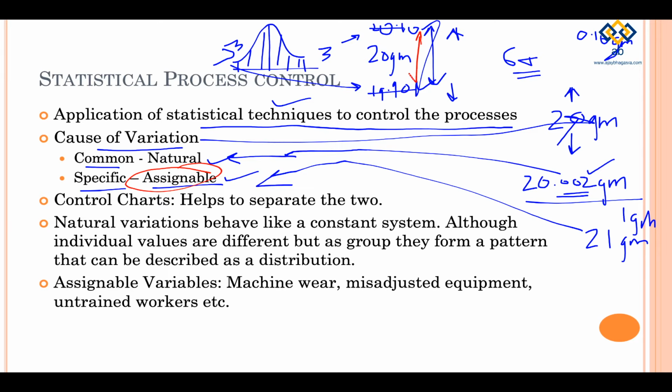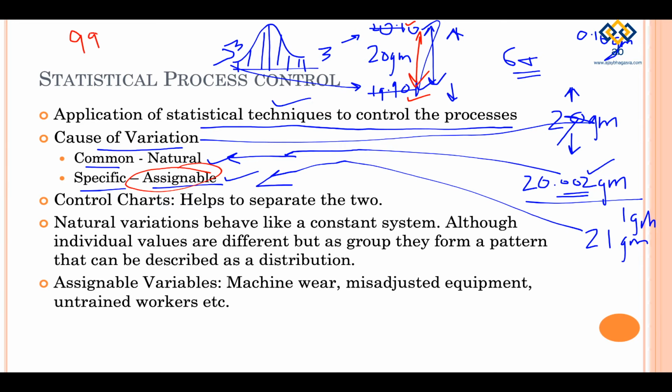There would be only 4 packets out of 1 million, out of 10 lakhs, which might have weight larger than 20.10 grams or less than 19.90 grams. There would be only 4 packets in 1 million because you have Six Sigma implemented, right?